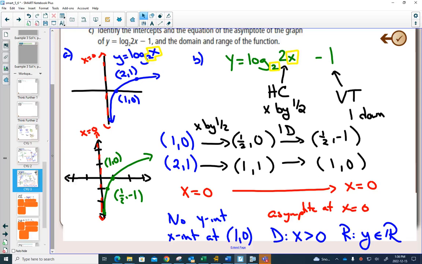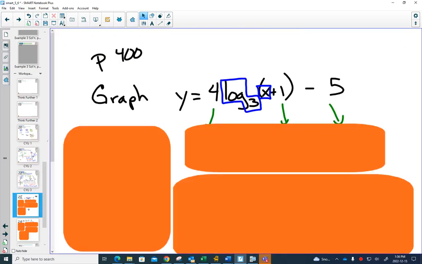So I'll get you to turn to page 400. And I want you to try to graph this one on your own. See what I've done with the blue box? I recognize what our parent graph is.